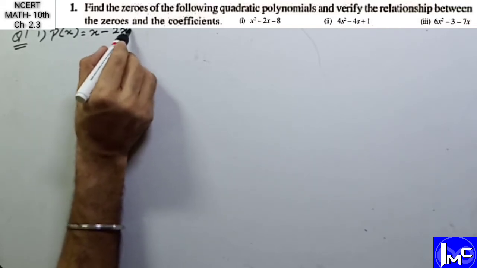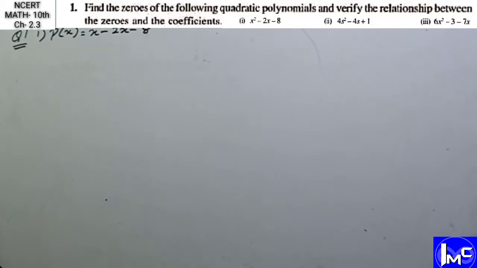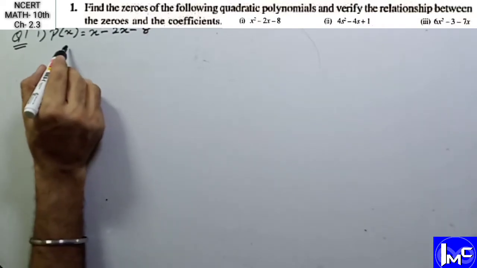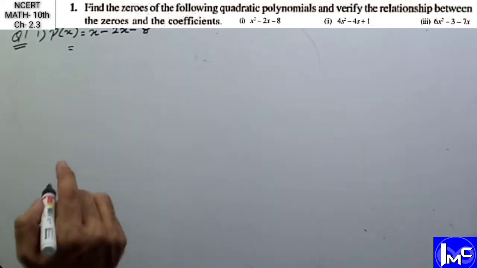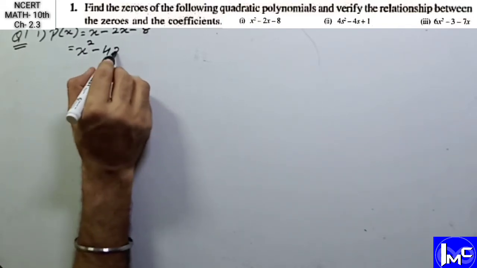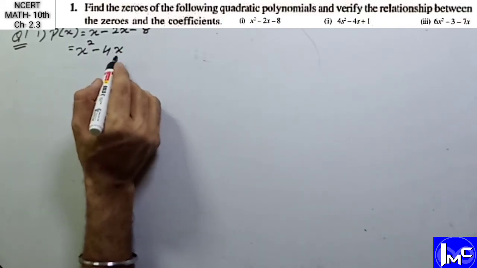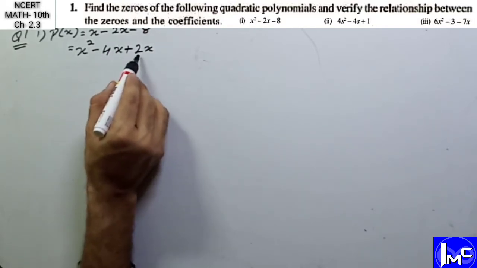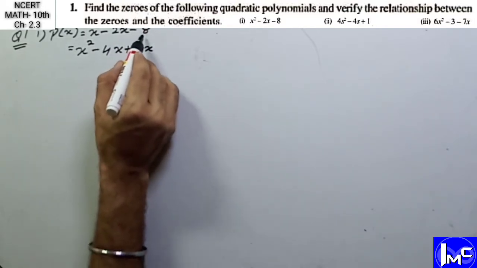minus 2x minus 8. First of all, we shall factorize this polynomial. This is a quadratic polynomial and it will give us two factors. x square minus 4x plus 2x minus 8, by splitting the middle term: minus 4 plus 2 is minus 2, and 4 twos are 8.